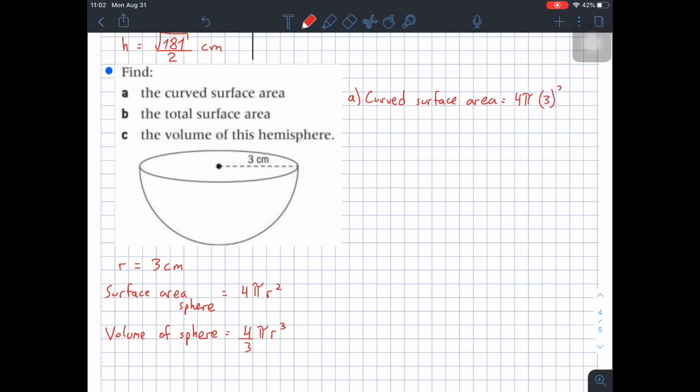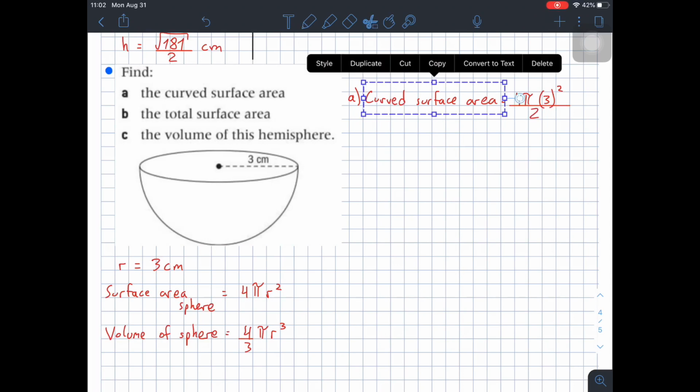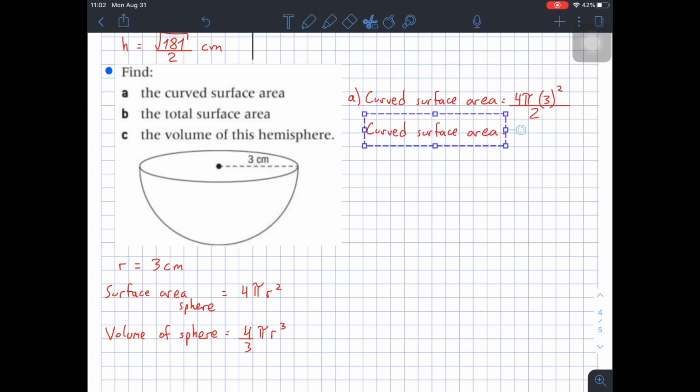R is 3 in this case. And this has to be divided by 2 because we're talking about a hemisphere, half of the area. So if we calculate this, this would be 9 times 2, that's 18 pi centimeters squared. There you go.